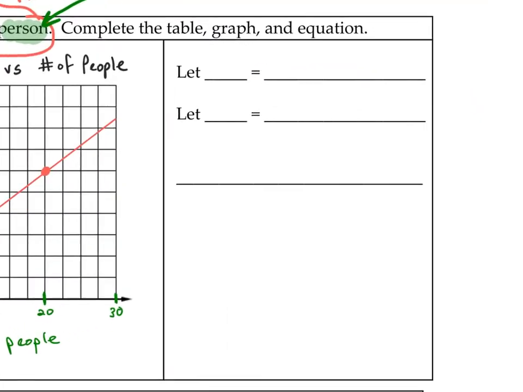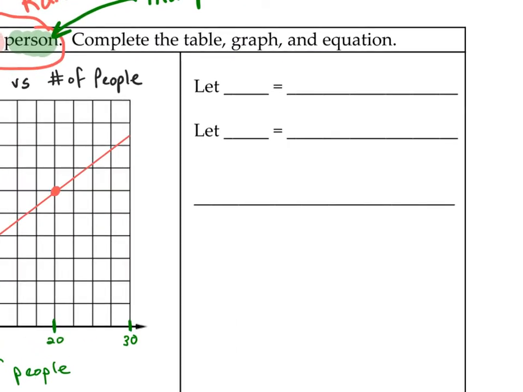Now, to make the equation, again, you have to define your variables. So our 2 variables were the number of people and the charge. So we are going to put maybe something like n equals the number of people. It does not matter what letter you use.